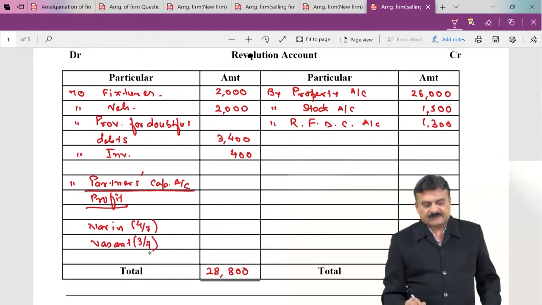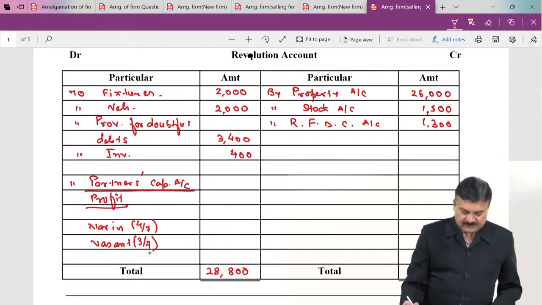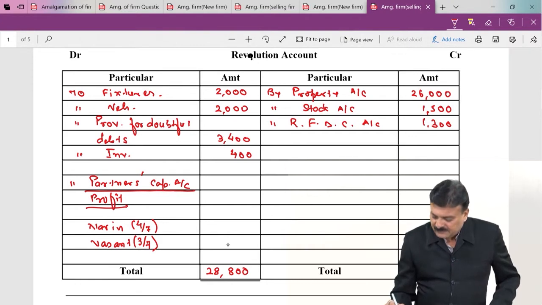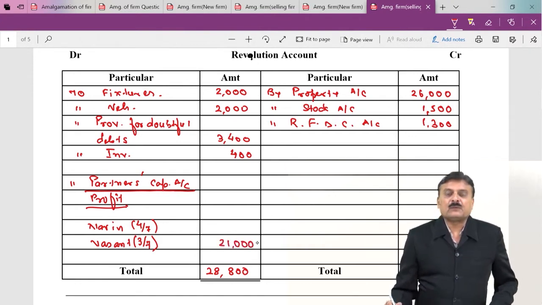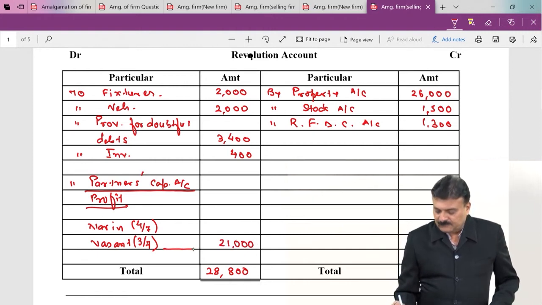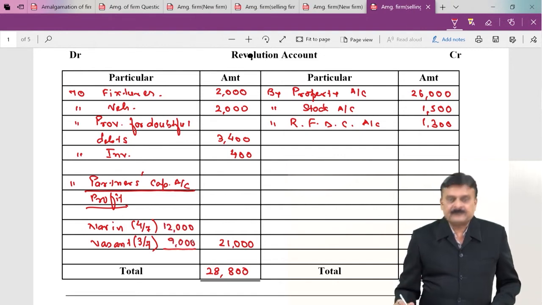Let's make balancing. Subtracting the debit side, my profit comes to 21,000. When I distribute 21,000, 4:3, that will be 12,000 and 9,000.